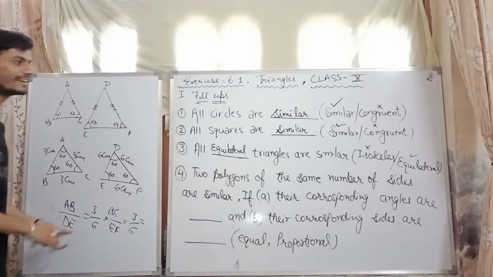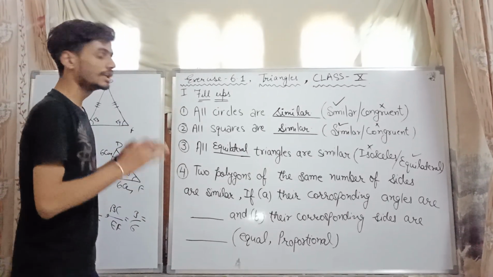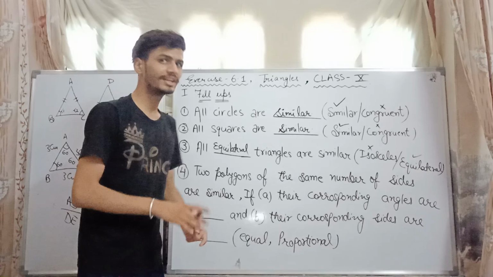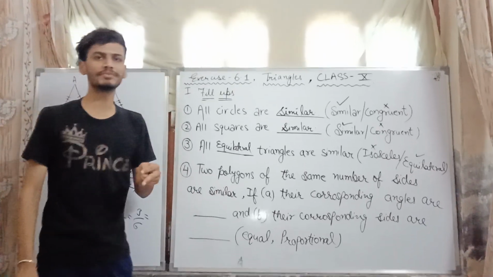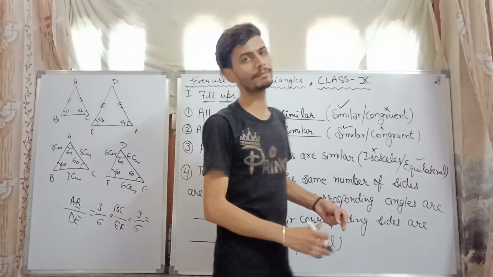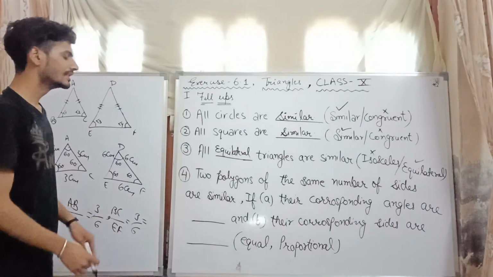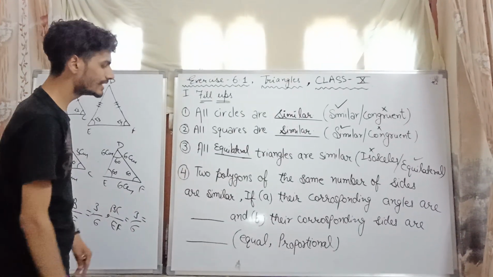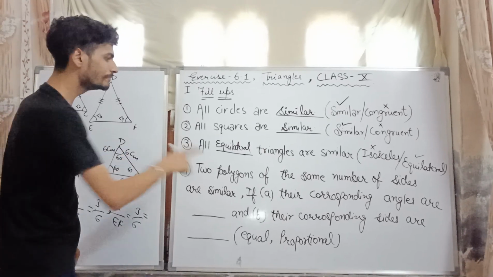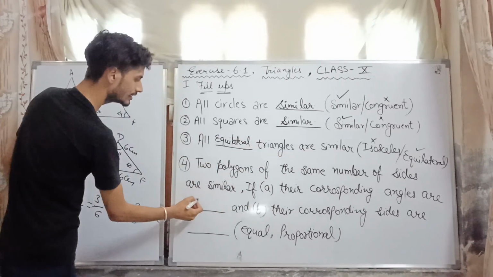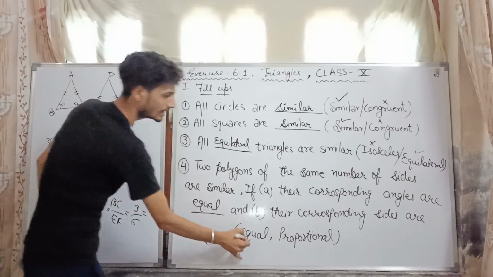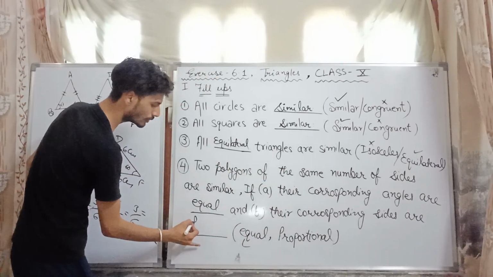The principle of similarity says that if all the angles are equal to each other and the proportions for both the shapes are equal, then we apply the principle of similarity instead of congruency. So we apply the same principle, and that principle says that the corresponding angles are equal and the corresponding sides are proportional.